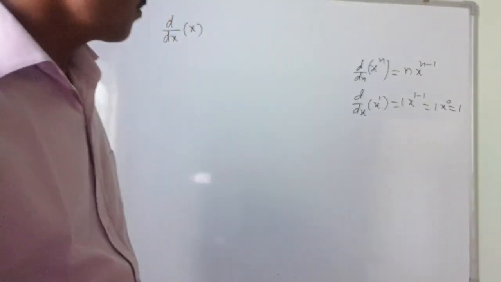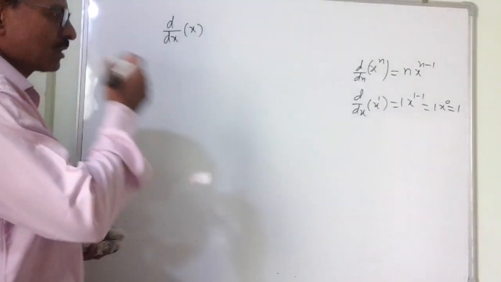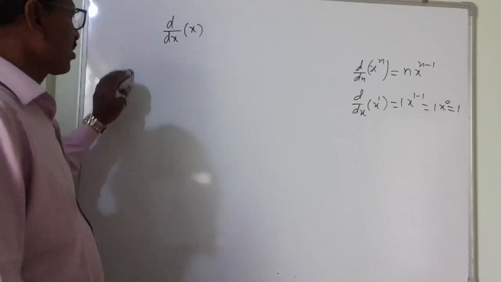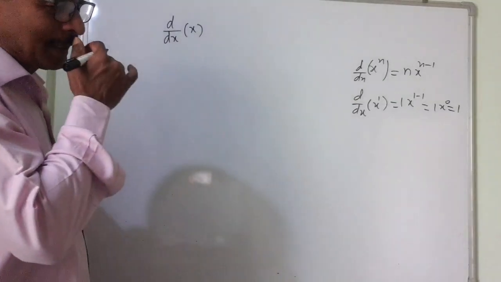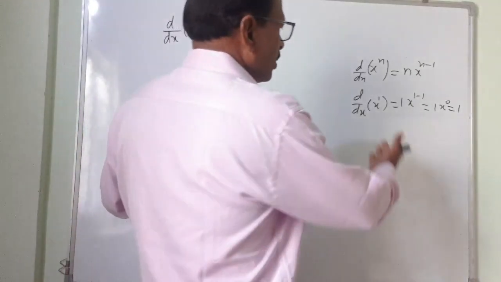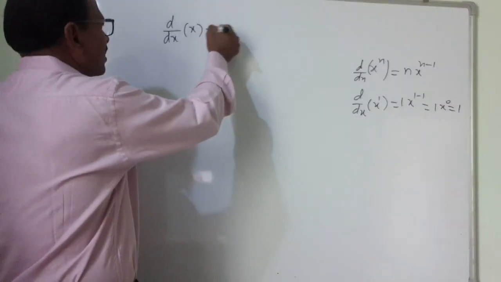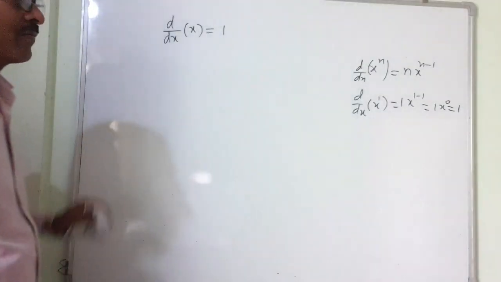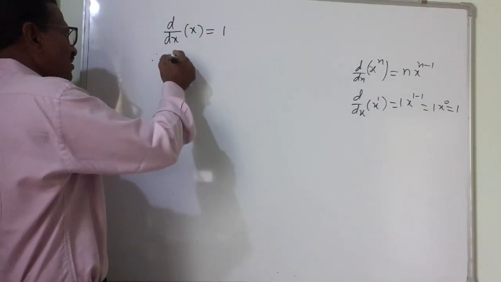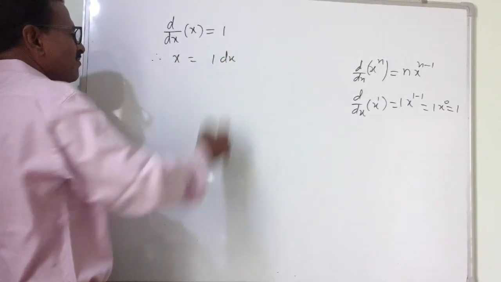Along with this derivative formula, I will explain the integration formula. Once you remember this, no need to look back at those formulae. So derivative of x is equal to 1. Therefore, if I take this dx here, it will remain x is equal to 1 dx.